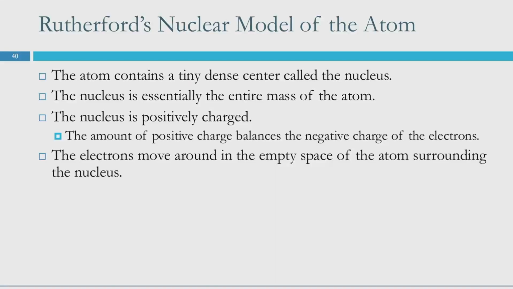The nucleus contains basically the entire mass of the atom. The vast majority of the mass of the atom is in the nucleus because the nucleus has our protons and our neutrons. It's also positively charged because of the protons, and the amount of positive charge in our atom balances the negative charge of the electron.